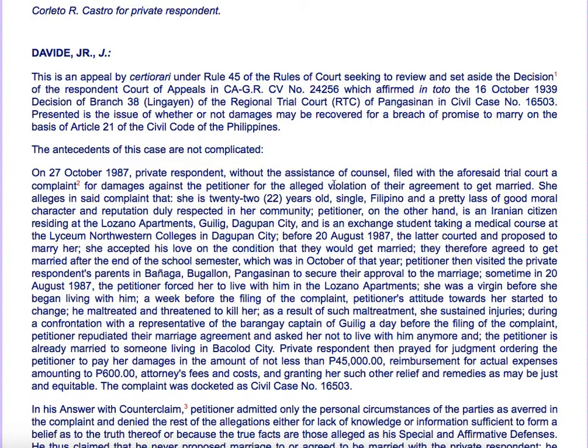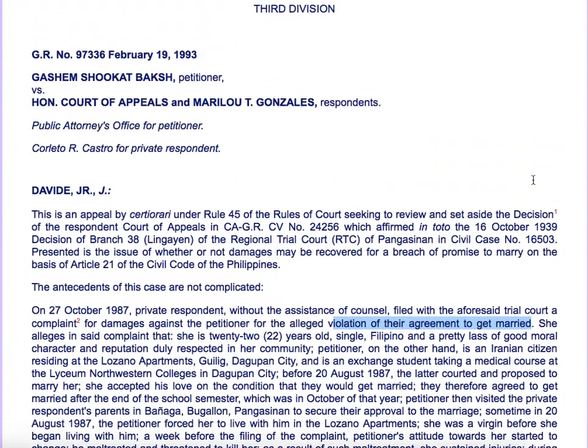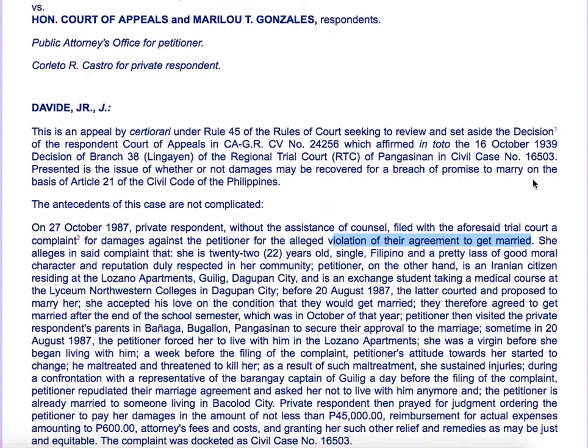Merong violation of their agreement to get married. Therefore, si Ms. Gonzalez filed a complaint for damages against the petitioner. Alright. So, alam na natin kung anong nangyari. Kung anong final.